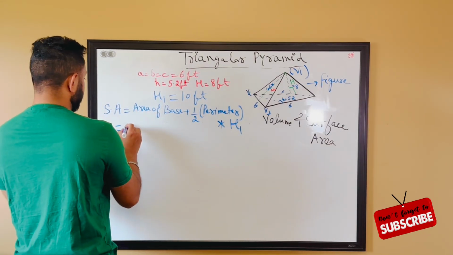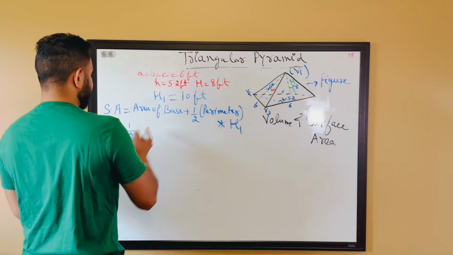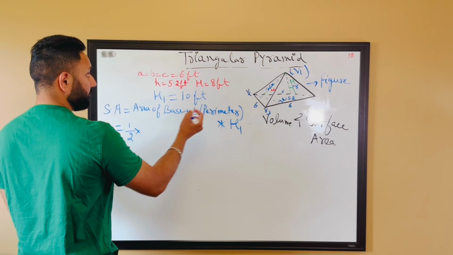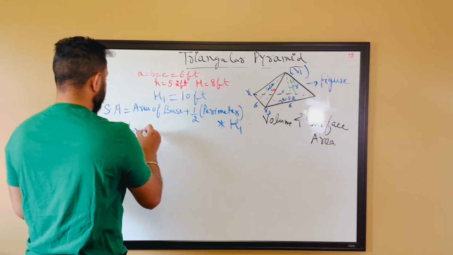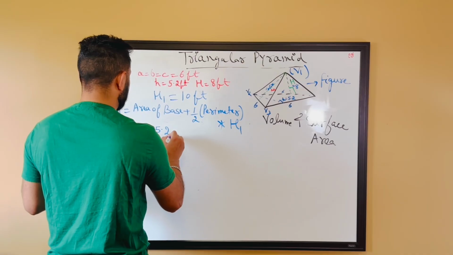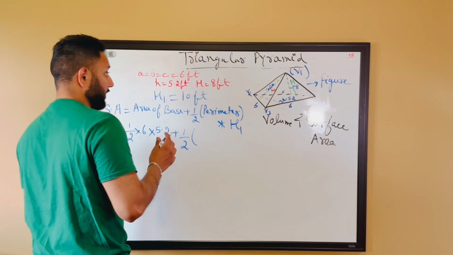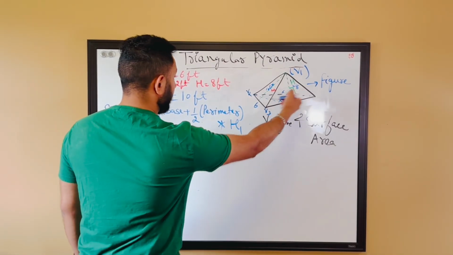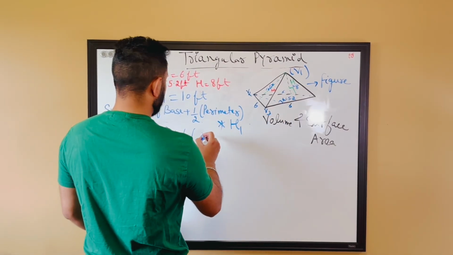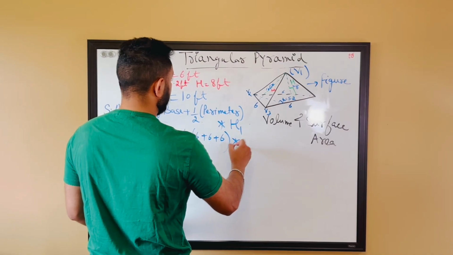So area of the base, let's dissect the formula. Half base, which is 6, and height 5.2, plus perimeter. Perimeter is the sum of the dimensions of the figure, which is a triangle. So 6 plus 6 plus 6 into 10.